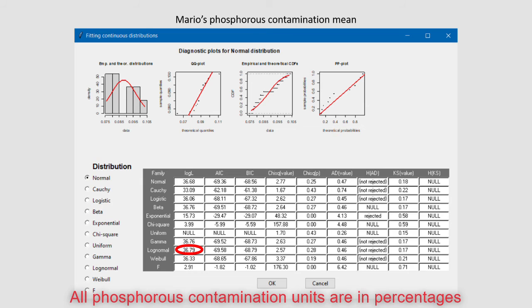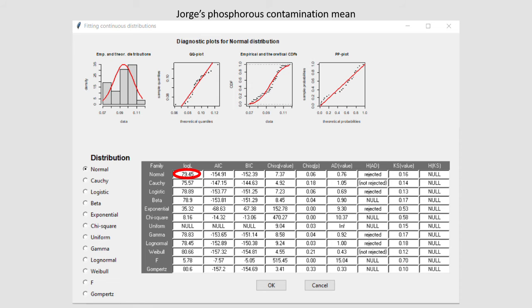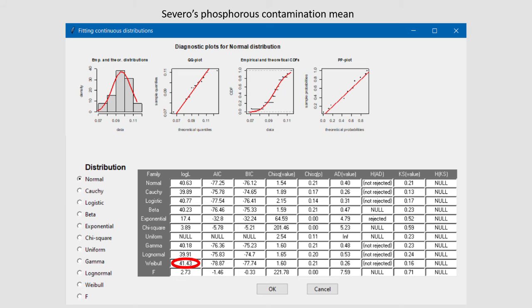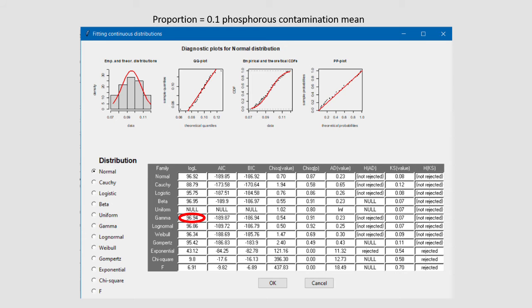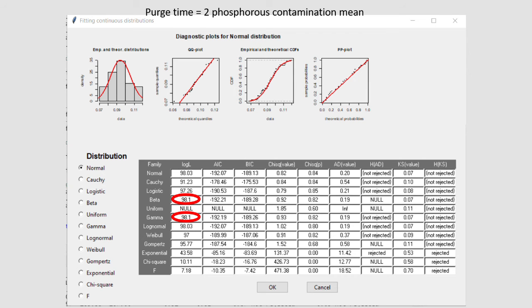Now we can see the phosphorus contamination distribution of each operator. Here we can see that it has log normal, normal, and Weibull distribution. The proportion of coke mineral gives us a gamma and a Weibull distribution. Purge time gives us beta, gamma, and Weibull distribution.